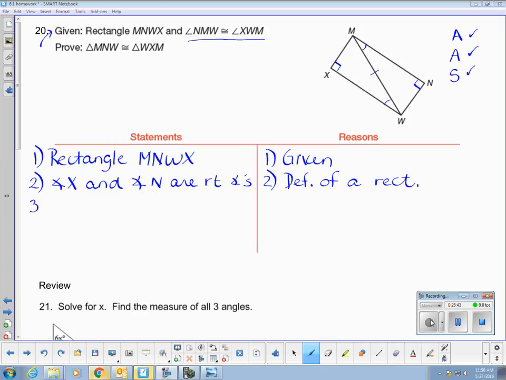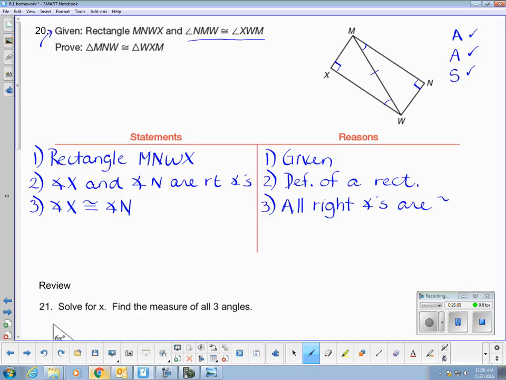So knowing that angle X and angle N are both right angles, we can now say that angle X is congruent to angle N because we know all right angles are congruent. All right, so there's my first pair of angles that are congruent.